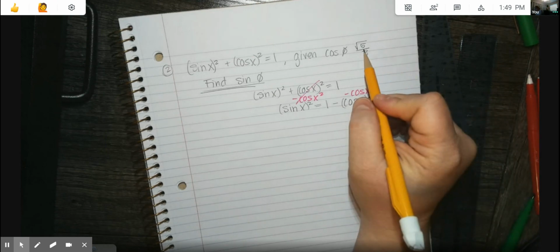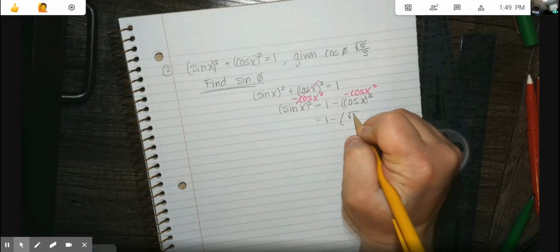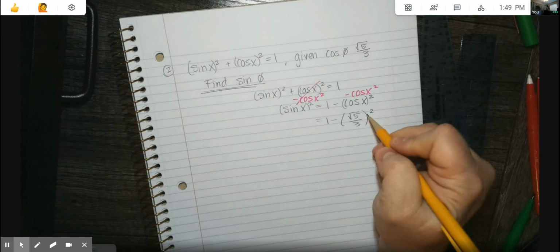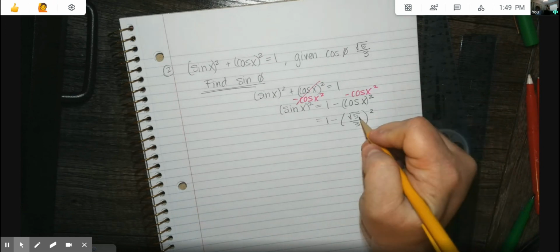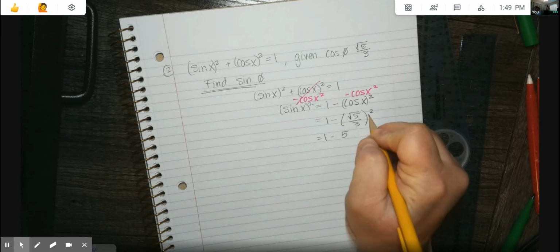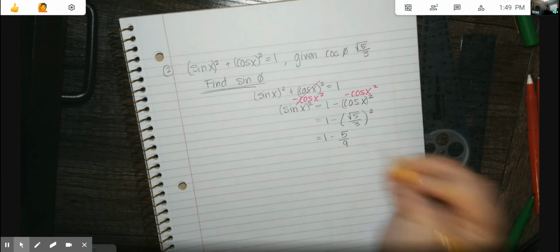I know that cosine of x is equal to root 5 over 3 squared. When you square root 5, that just undoes the radical. And then you square 3, and that gives you 9.